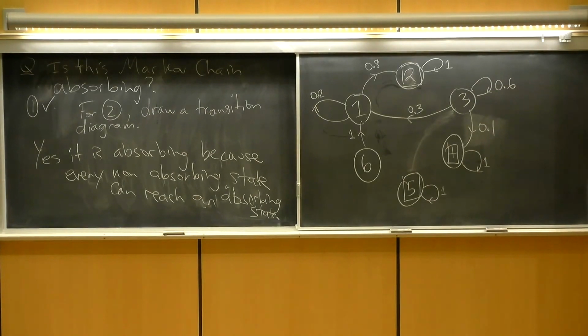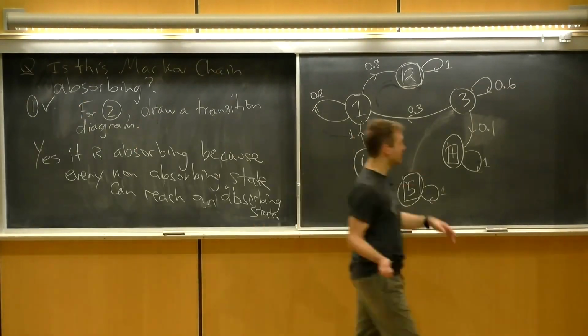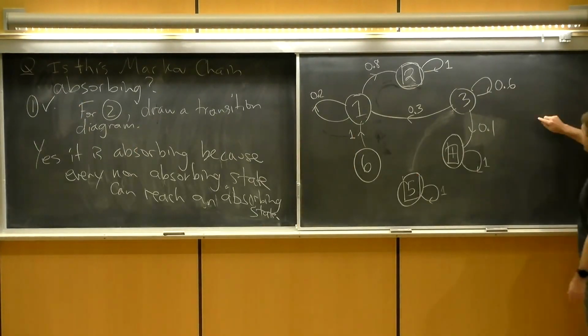Any other questions? That would not be absorbing. Even if I took this example and added some more states, like imagine you had a 7th and an 8th state like this, and maybe it goes like this.